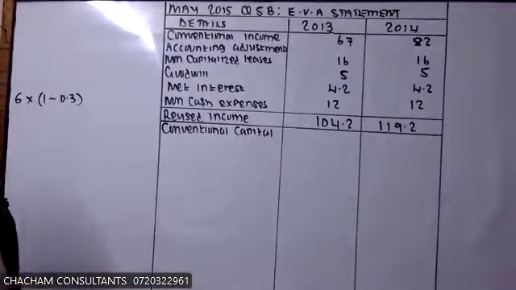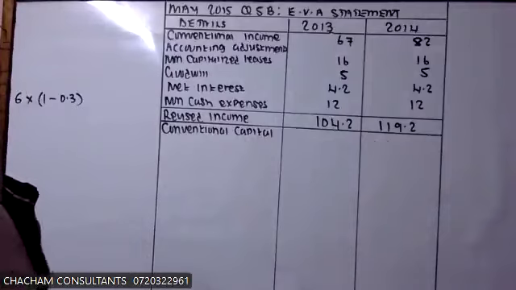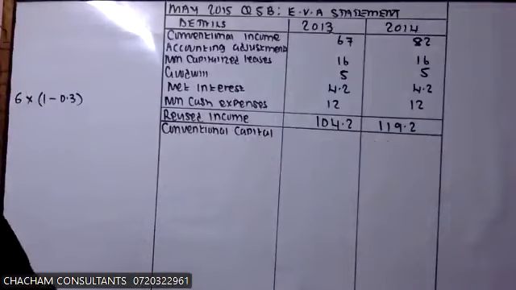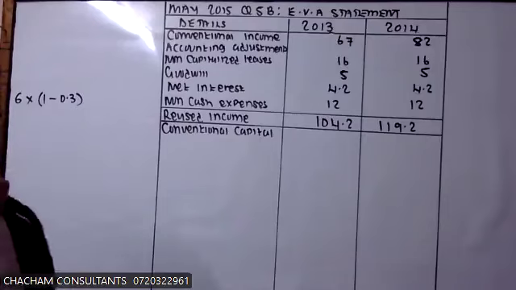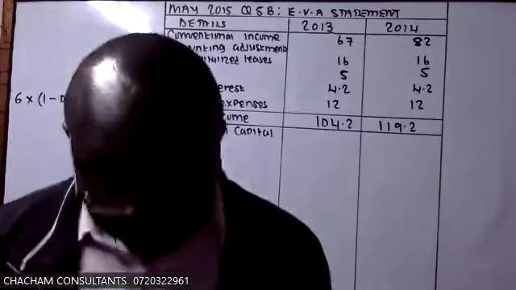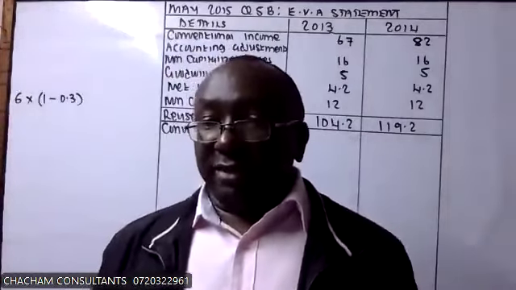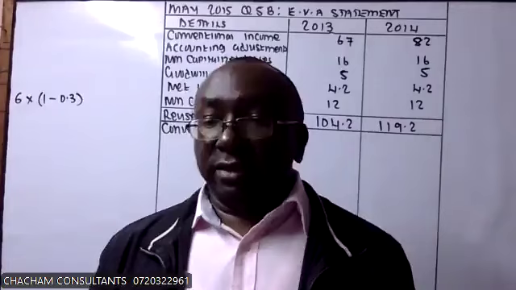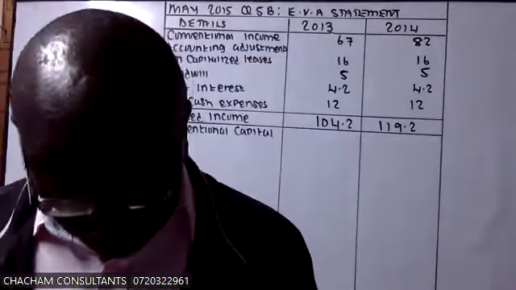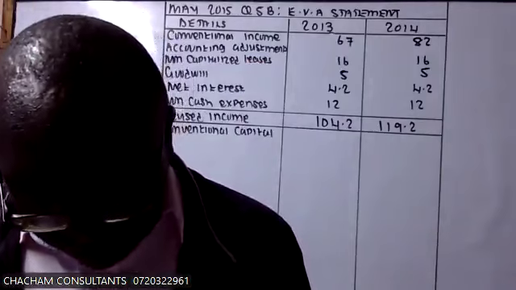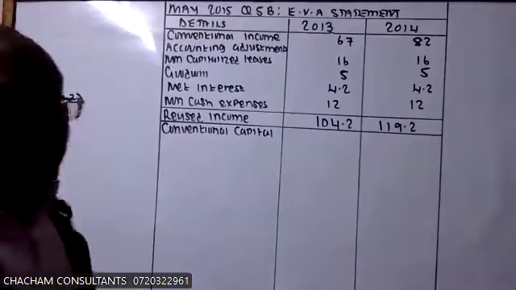The conventional capital. So the conventional capital is capital employed. And we always use the opening balances. So the opening balance for 2013 is the one in information 1, 279.